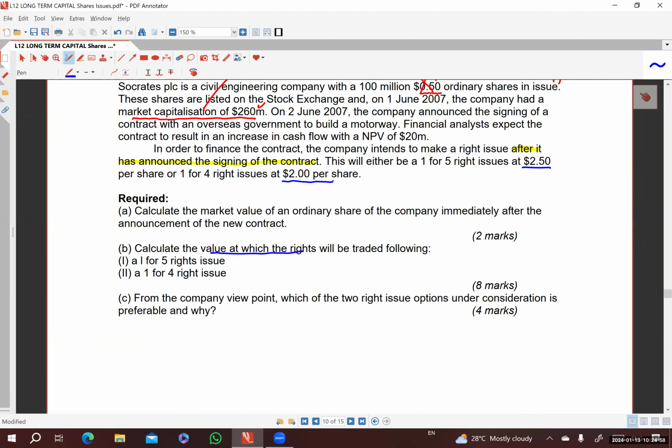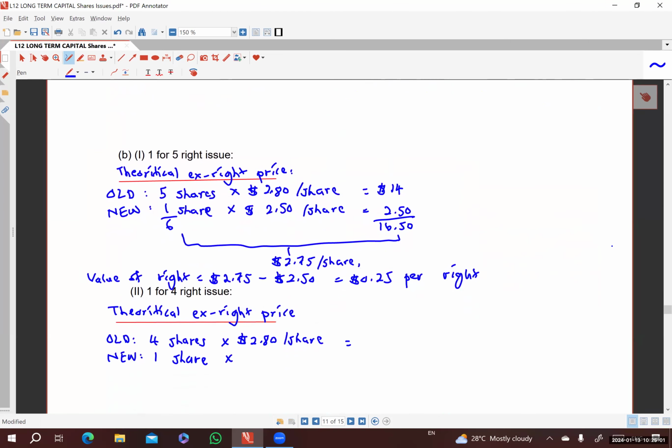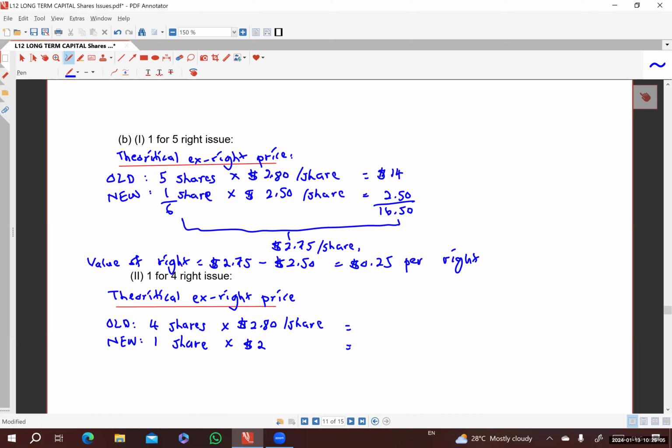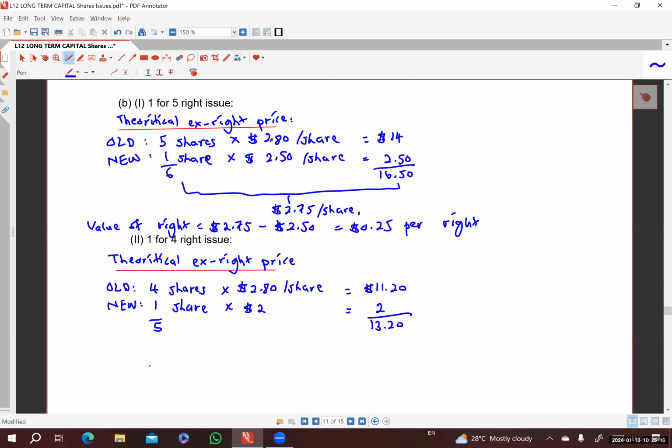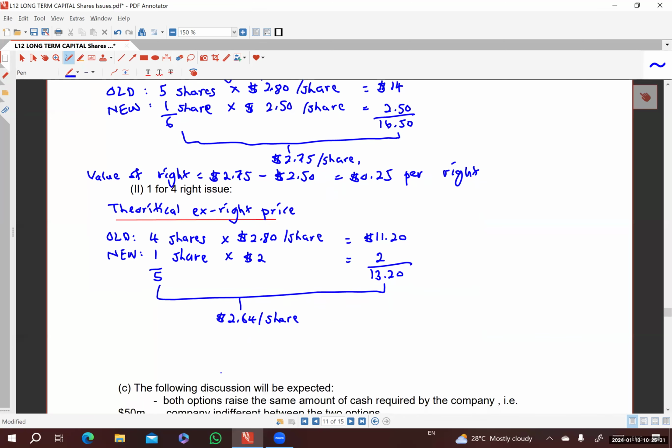So 11.2 plus 2 is 13.2. 4 plus 1, 5. 13.2 divided by 5. So the value of the right is the ex-right price minus the right issue price, 64 cents. Done.